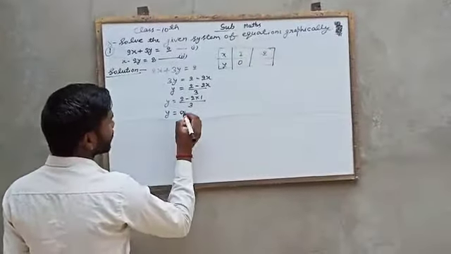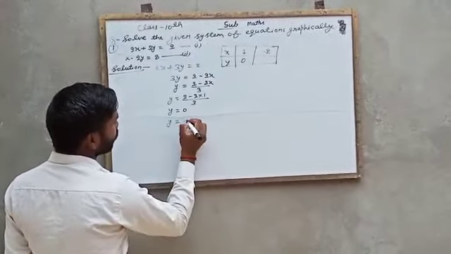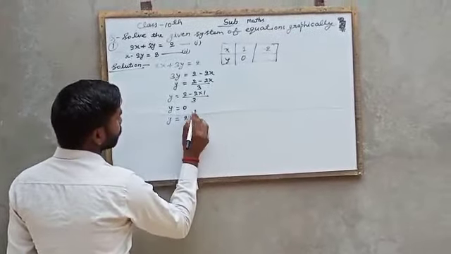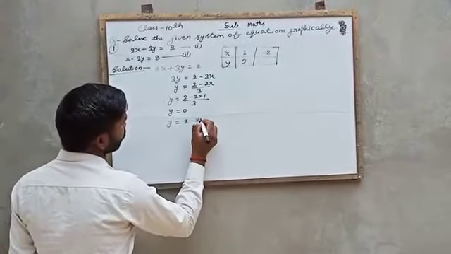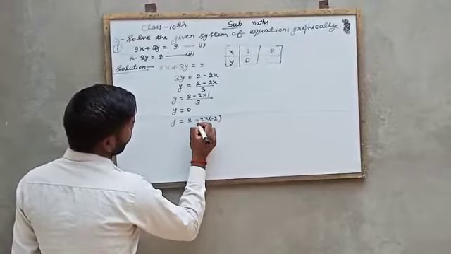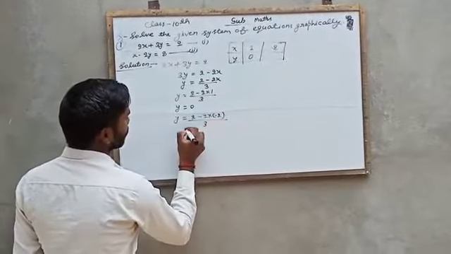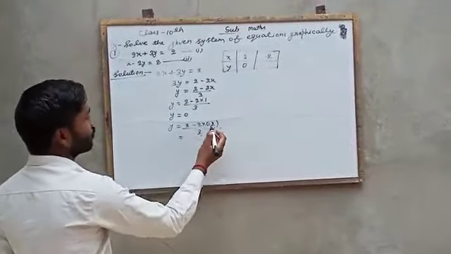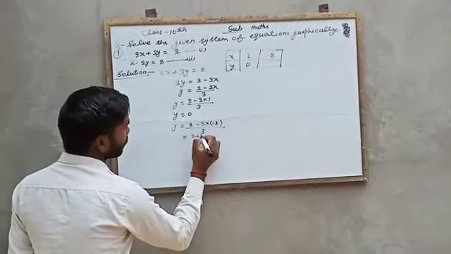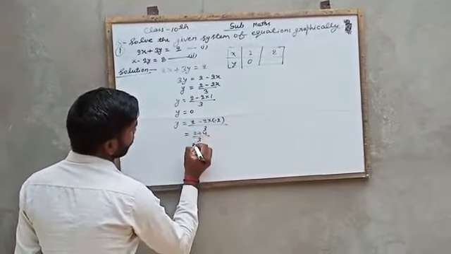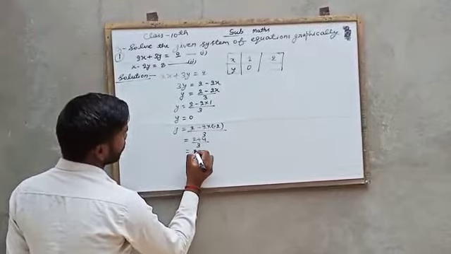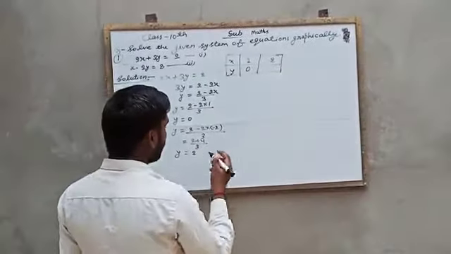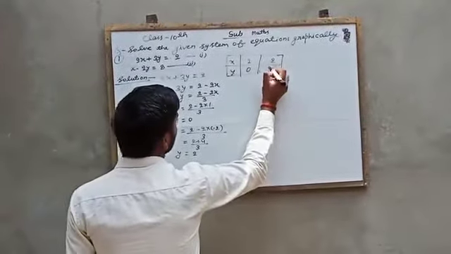So here x is equal to minus 2, so y is equal to (2 minus 2 into minus 2) upon 3. It will become 2 plus 4 upon 3, which is 6 upon 3, meaning 2. So y is equal to 2.